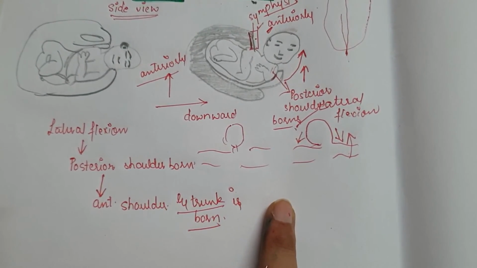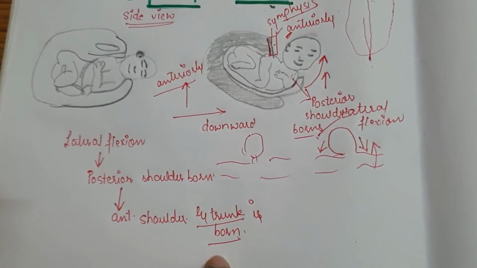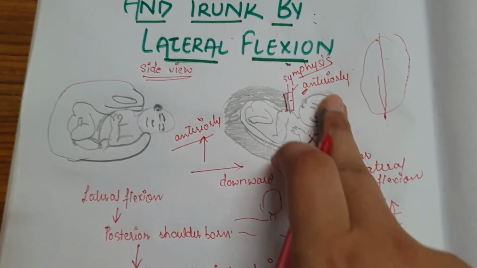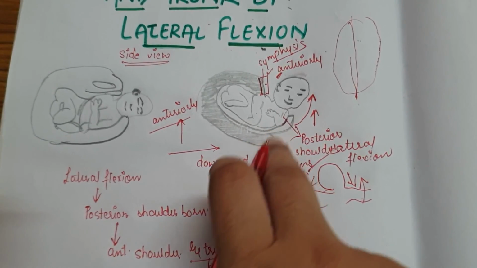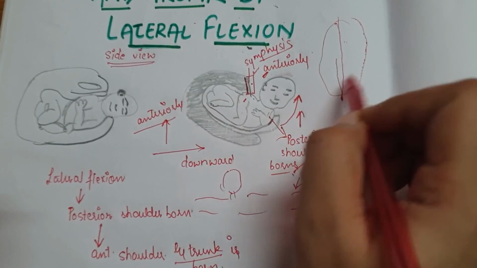So there is no special mechanism needed for the birth of the anterior shoulder and the trunk. So with the help of lateral flexion, the posterior shoulder is born first, and then the anterior shoulder and the trunk are born.